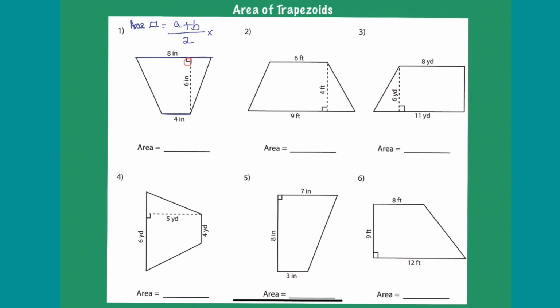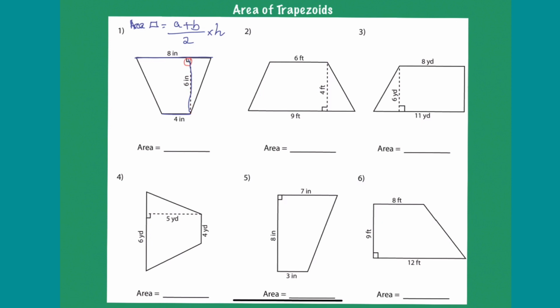And then you multiply by your height. All right? So look at this. The top side is A. Then the base is B. Then after you add them, you divide by 2. And then you times it by the height.